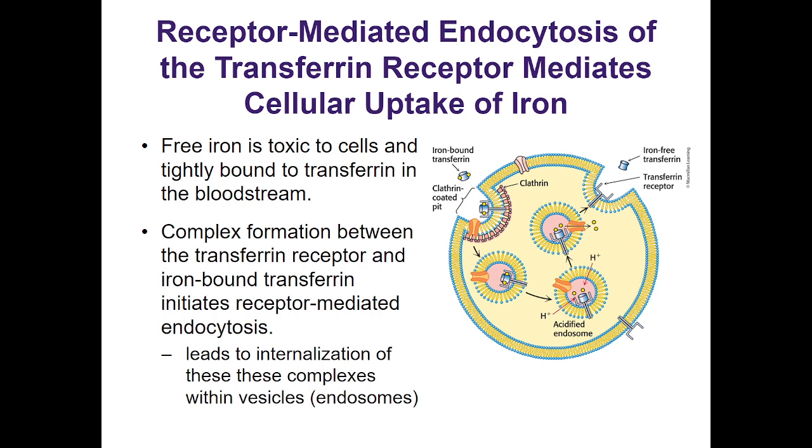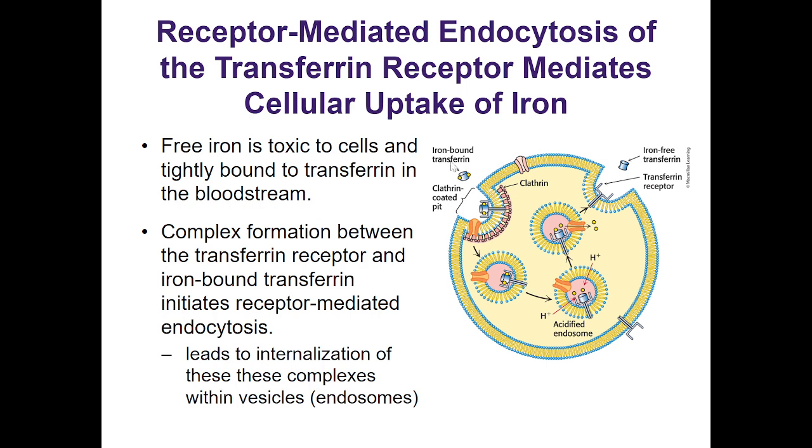So iron's actually a pretty good catalyst, or a really good oxidation reduction reaction substrate. So the complex formation between the transferrin receptor and the iron-bound transferrin is going to initiate the receptor-mediated endocytosis.